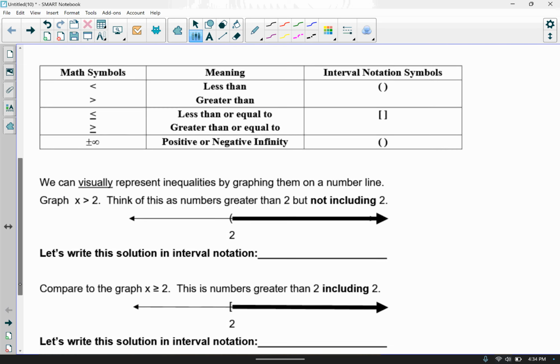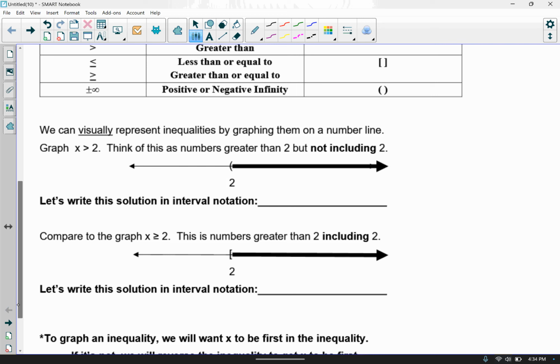All right, so now down below, what I've looked at is just a visual representation of these inequalities. For the first one, I said, let's graph x is greater than 2. Remember, you think of this as any number greater than 2. So I've got my 2 here on the number line. Since it's the greater than symbol, we used a soft parenthesis.